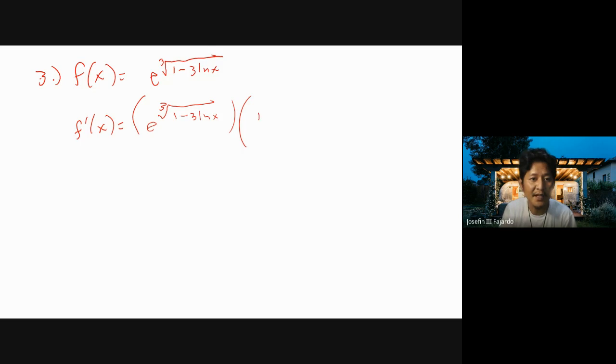Ang exponent natin ay 1 minus 3 ln x raised to 1/3, so 1/3 minus 1, that would be negative 2/3. Multiplied with the derivative pa nito, na negative 3 over x. And then we're done.